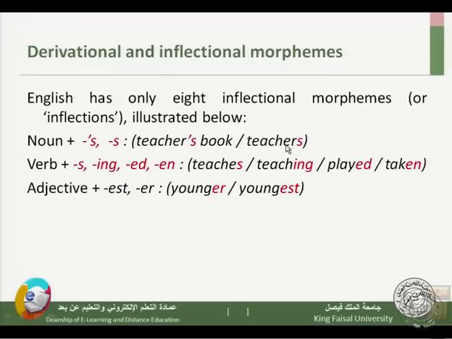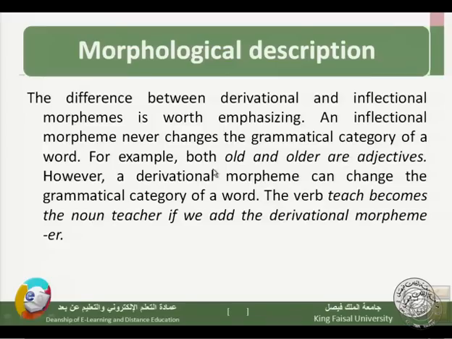Teachers, it doesn't change the meaning, it changes only from the singular to a plural, but the meaning is the same. The same thing with all these addings. The verb is still a verb and it conveys the same meaning. The adjective is still an adjective and it conveys the same meaning. So that's what is meant by an inflectional morpheme never changes the grammatical category of a word.